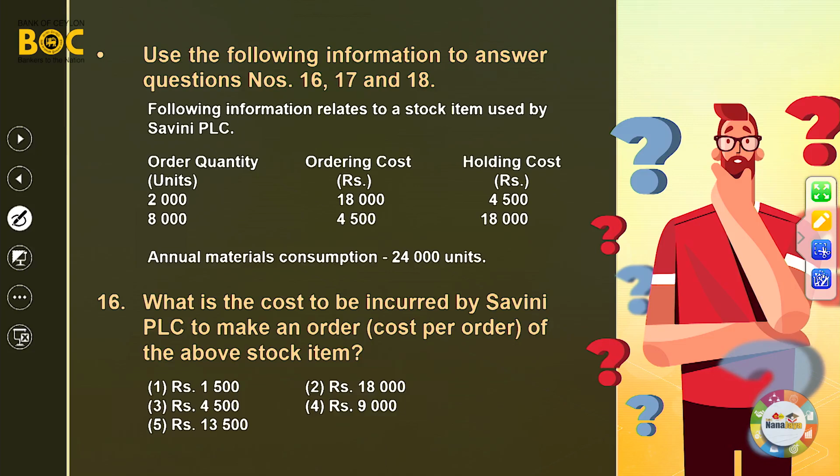The following information is provided by a business: order quantity, ordering cost and holding cost. Order quantity is given, ordering cost is given, holding cost is given.